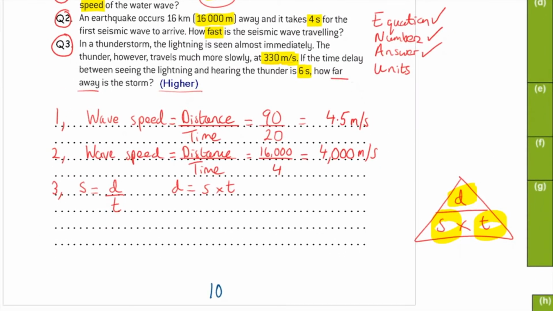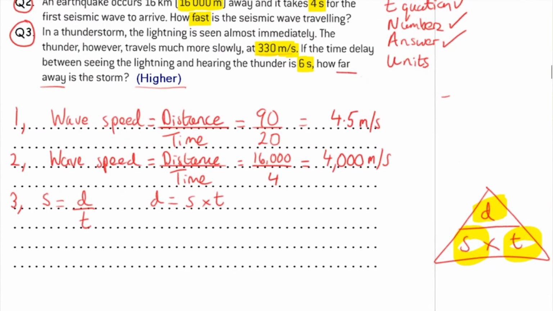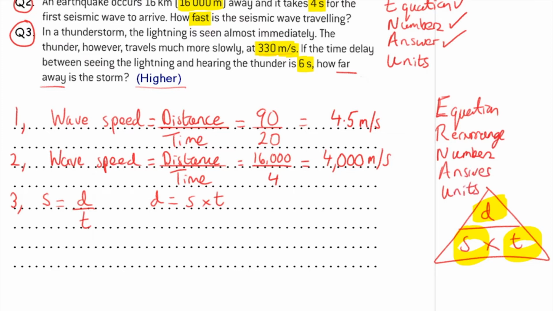So the criteria to get the full marks now becomes: equation, rearrange, numbers, answer, and units.